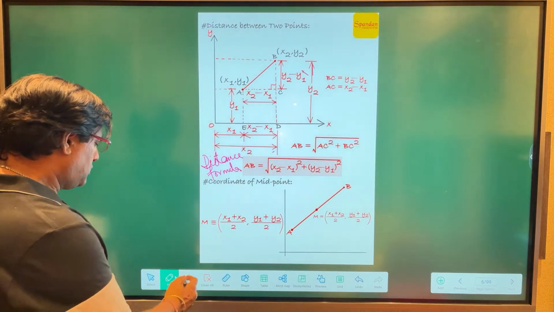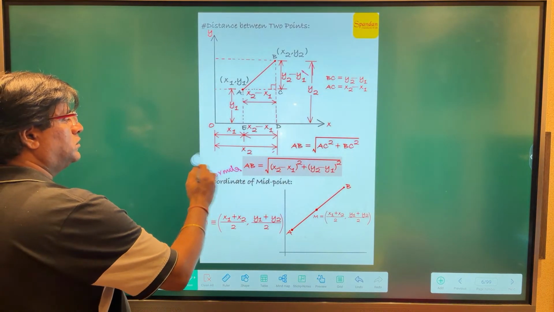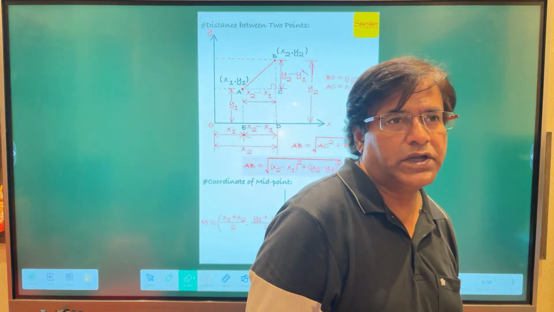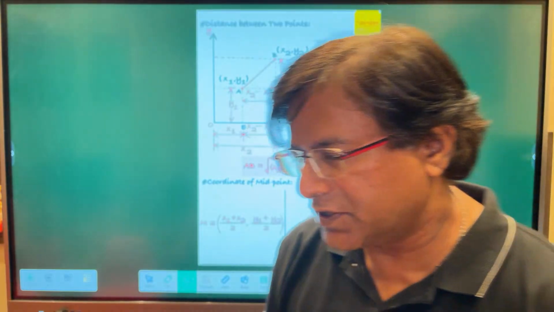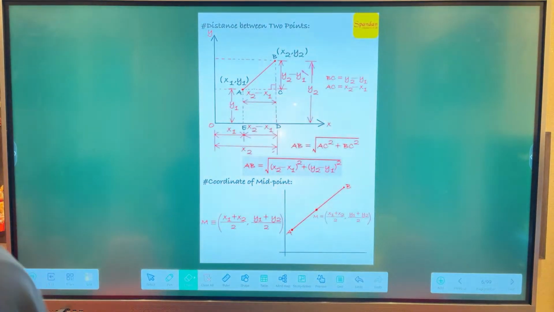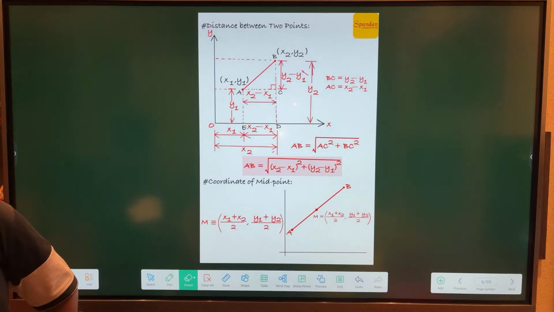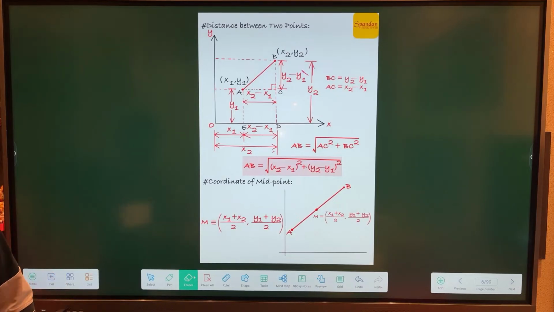So next we are going to study straight line. And for a straight line, first of all, we have to understand what is the slope of a line. Can you tell me what is the slope of a line? It tells us steepness, how steep a line is, right?